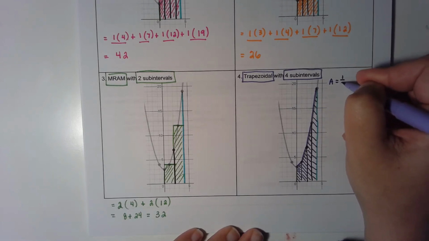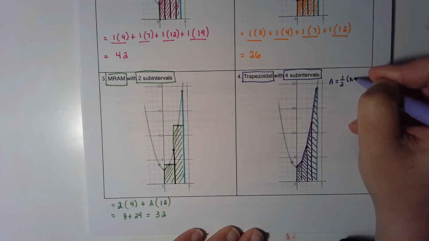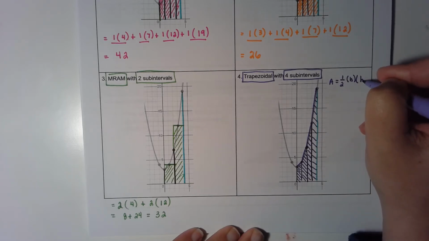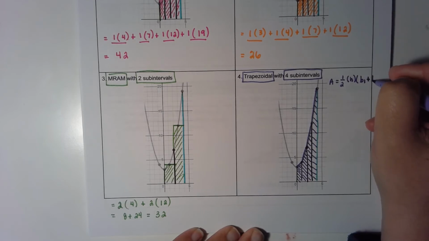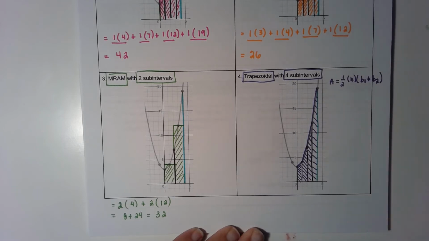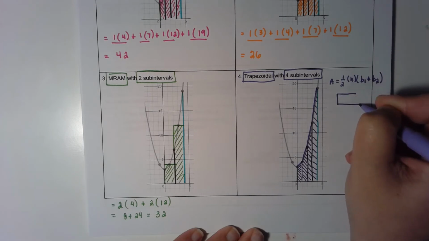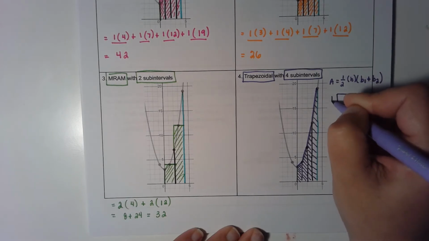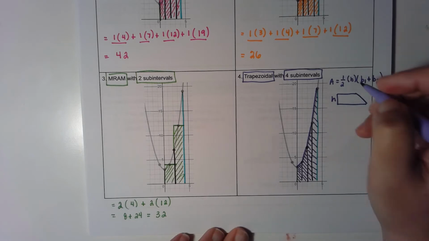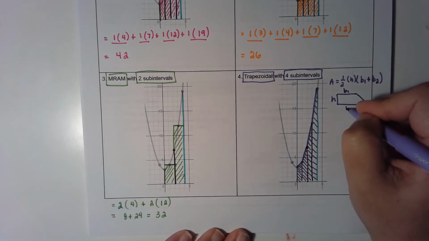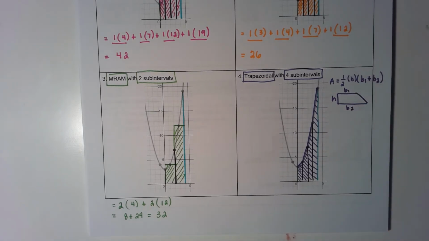Now, one thing you may need a little bit of review with is that the area of a trapezoid is 1/2 times the height of the trapezoid, and then times base number 1 plus base number 2. Now, on a trapezoid picture, the height is the distance between the parallel sides. Base number 1 and base number 2 are the lengths of the parallel sides.